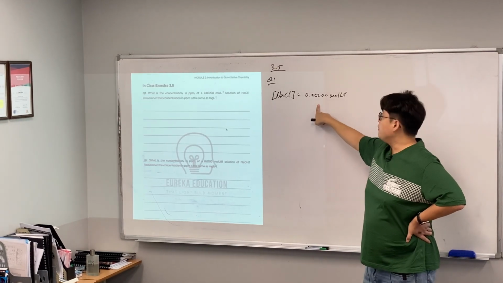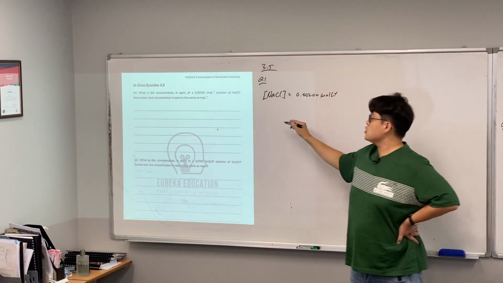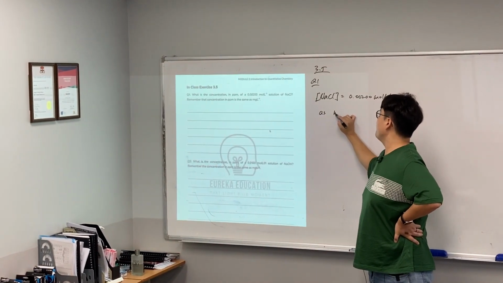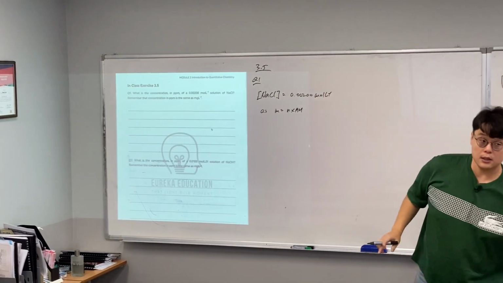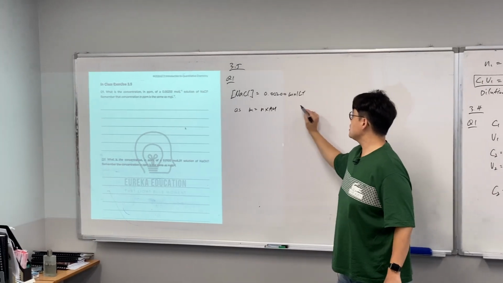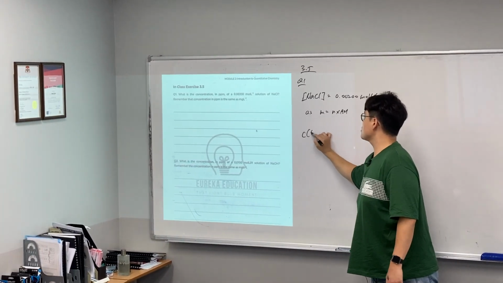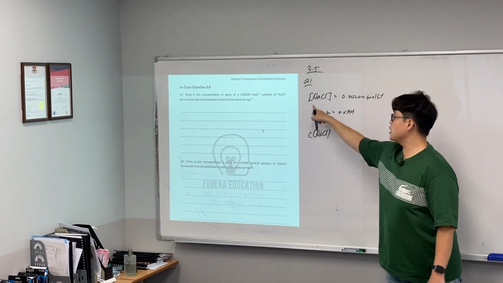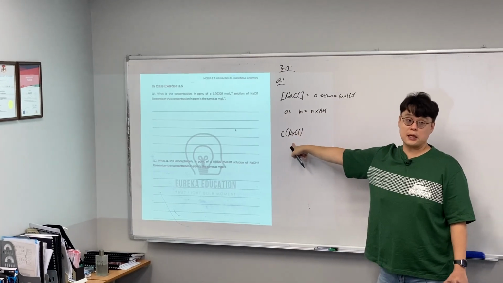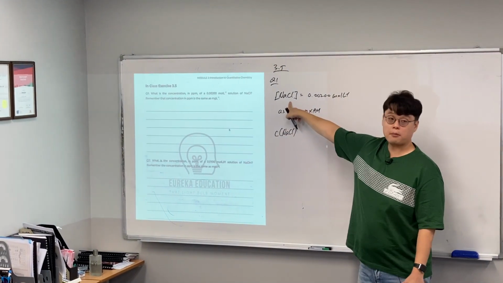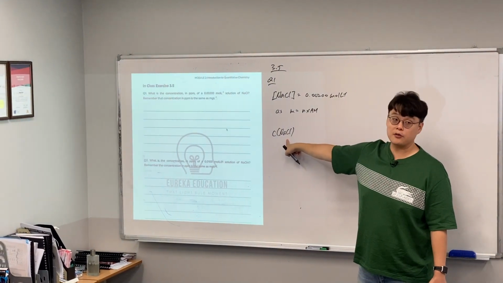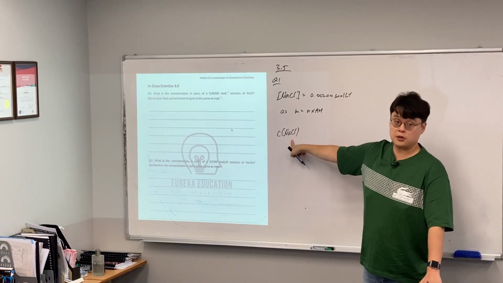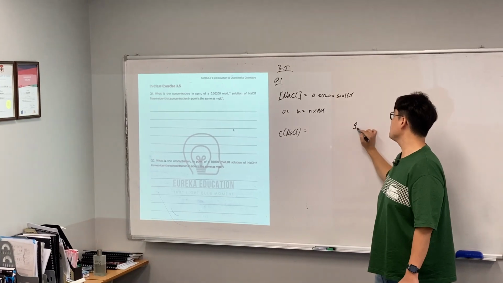Now, mole per liter means that we can use M equals n times the molar mass. From the mole per liter we can change that into the concentration of sodium chloride. See that I changed the representation of the concentration from the molar concentration in brackets to the general representation, grams per liter.